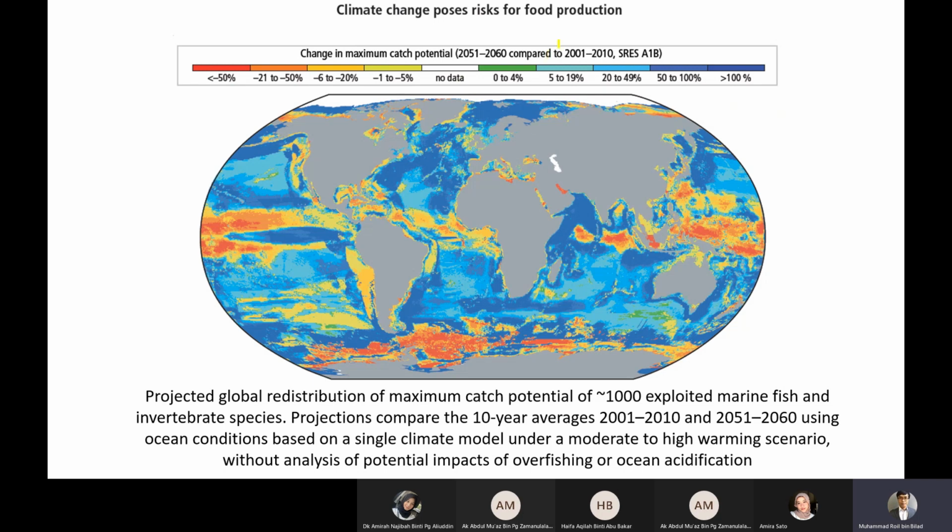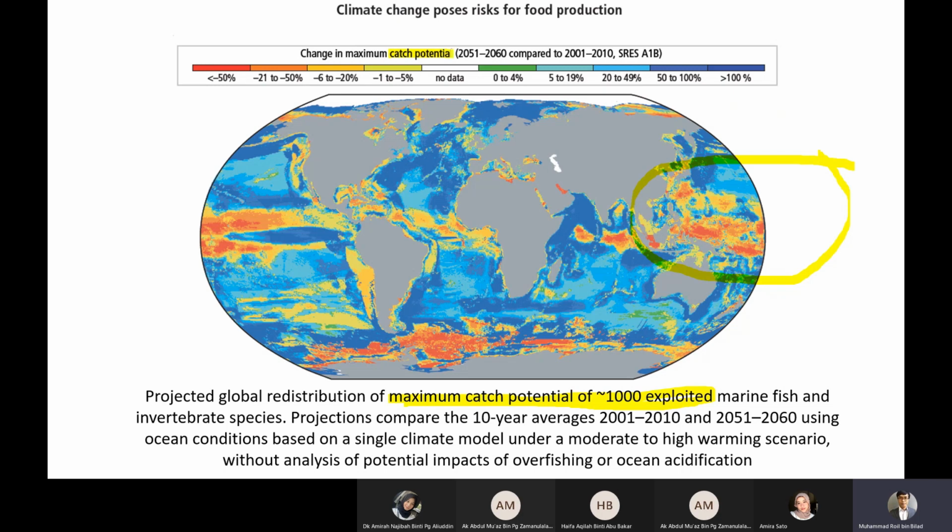This is the catch, I think the maximum catch potential in the ocean. If you look around us, we are here. I think Southeast Asia will suffer the strongest impact in terms of catch potential.